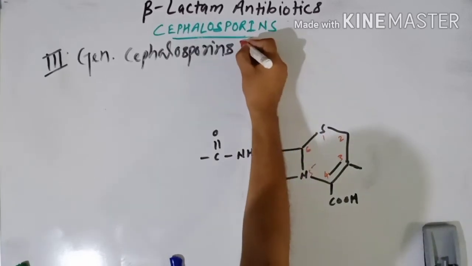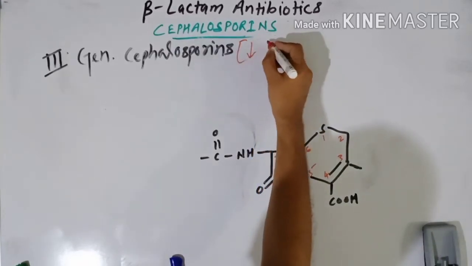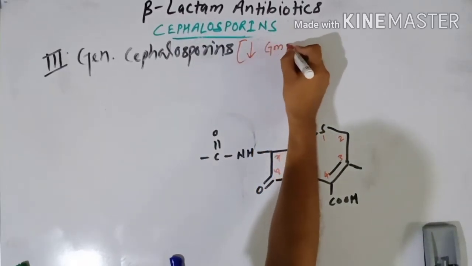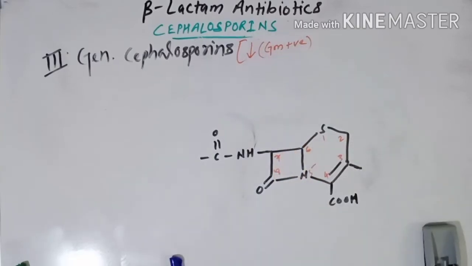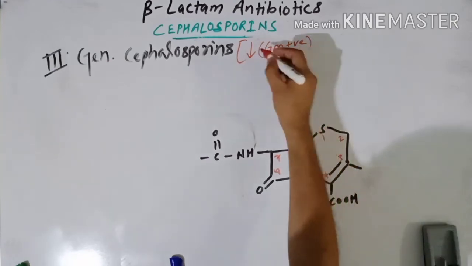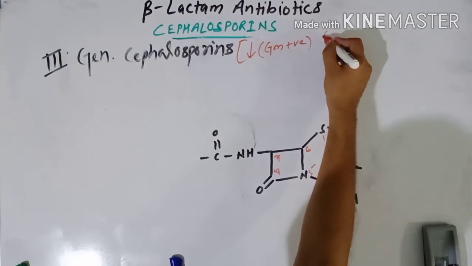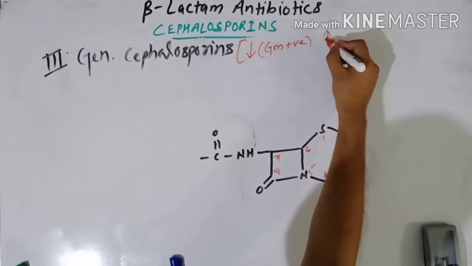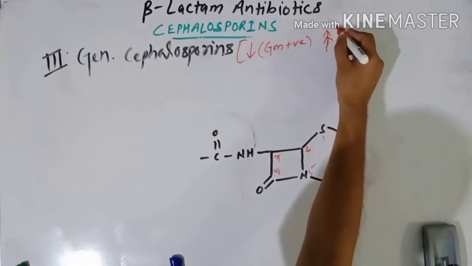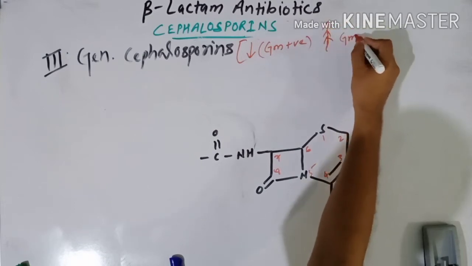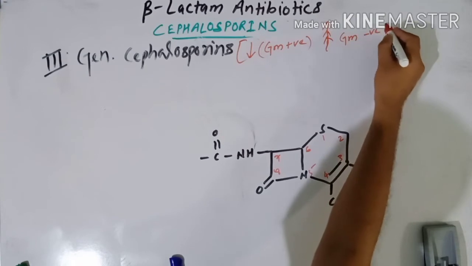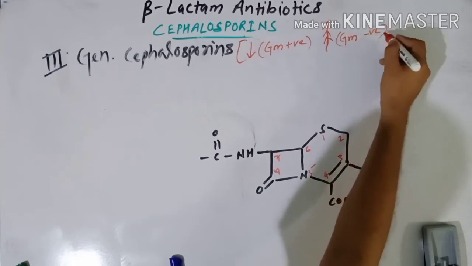Means they have less activity against gram positive as compared to first generation and second generation cephalosporin, but they have much improved and expanded spectrum of activity against gram negative bacterium.